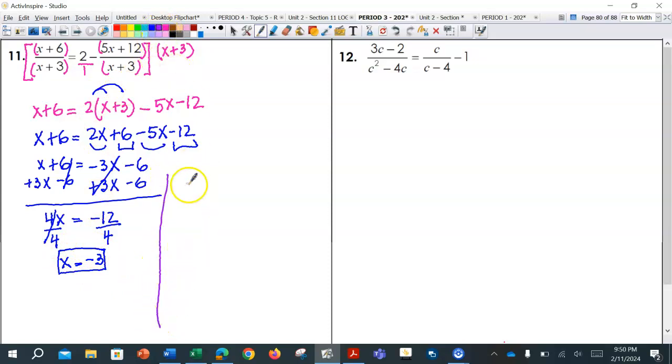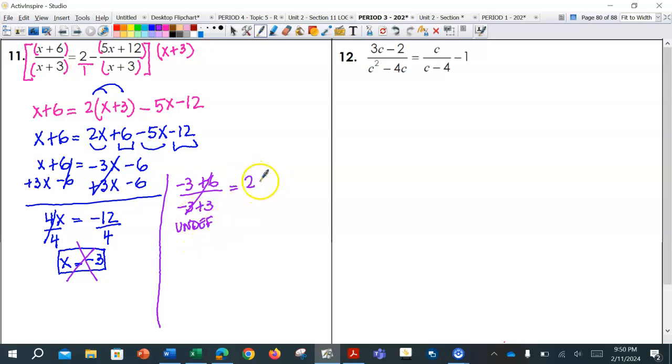Okay, let's check here. We put the negative 3 plus 6 over negative 3 plus 3. Here is something that is undefined, right? So right away you know that it is not working, because that makes the denominator equal to 0 and is undefined.